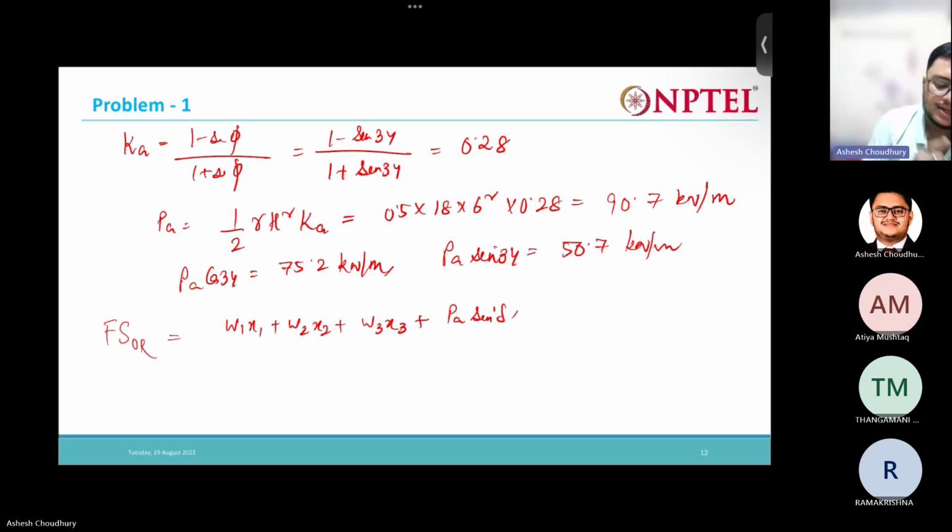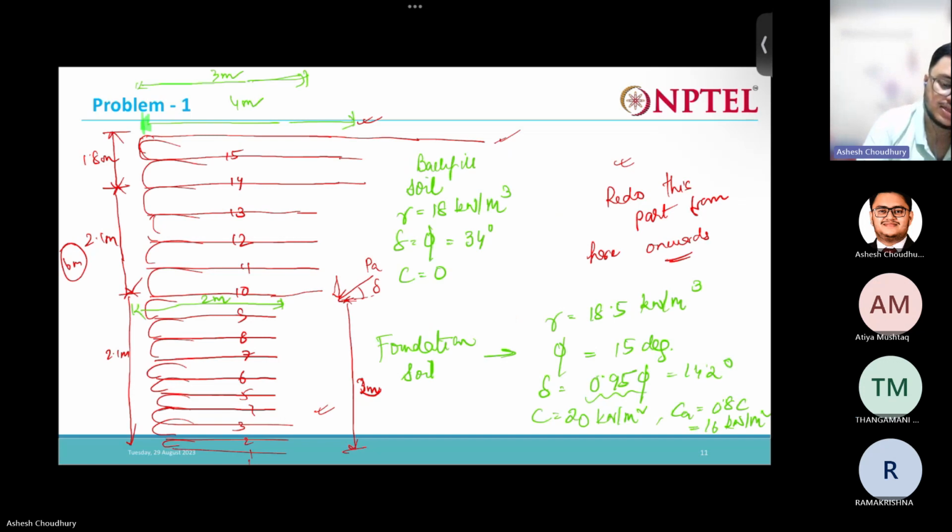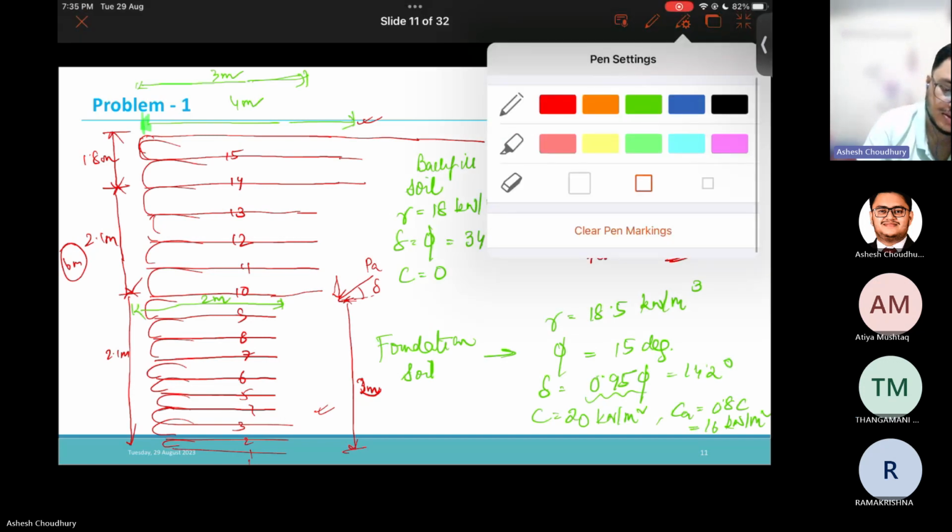Now this W1, W2, W3, what are these? These are the weights of each soil block. What are these soil blocks that I am talking about?